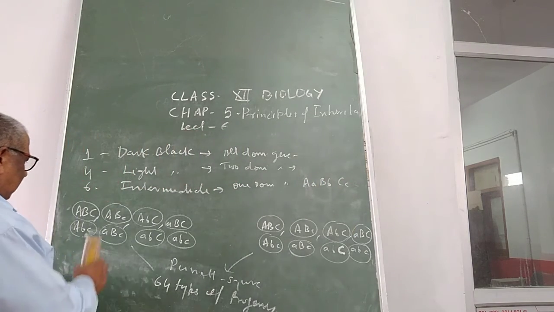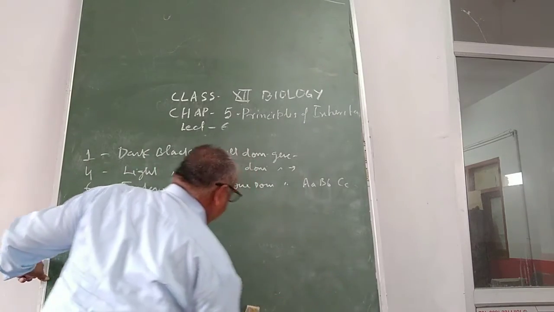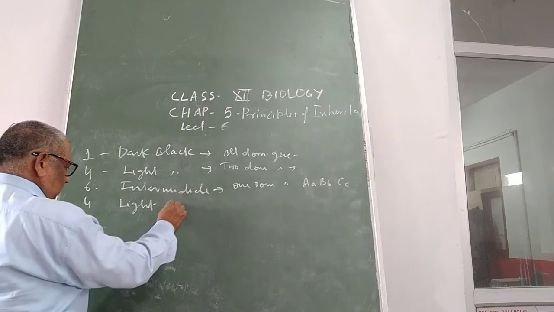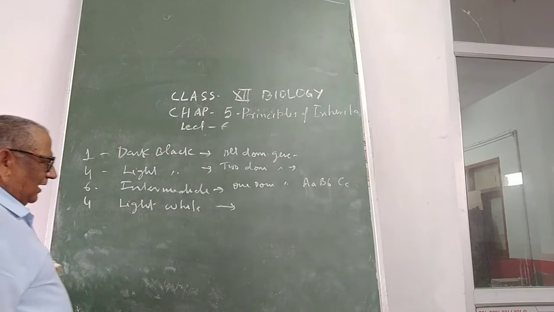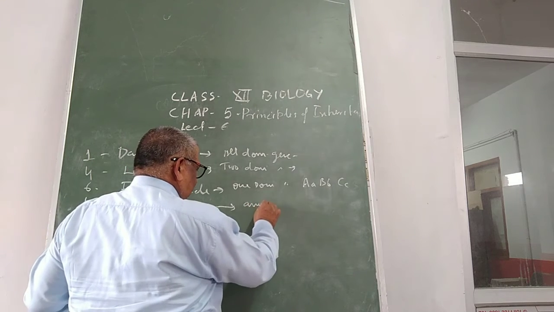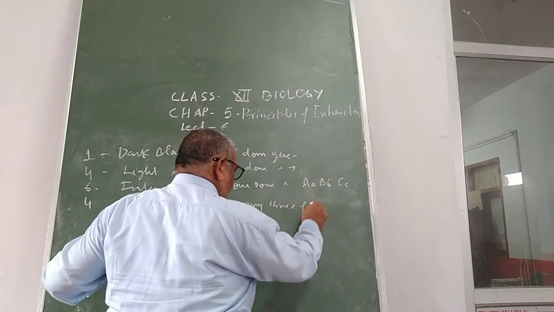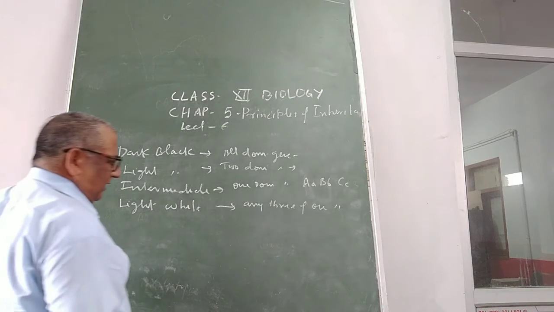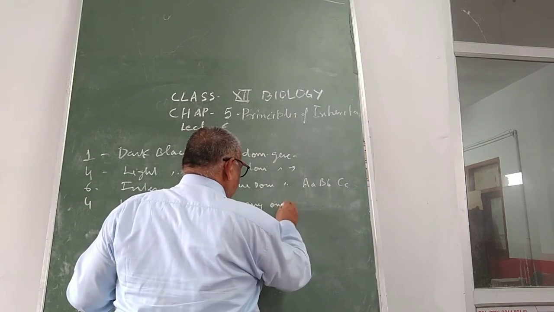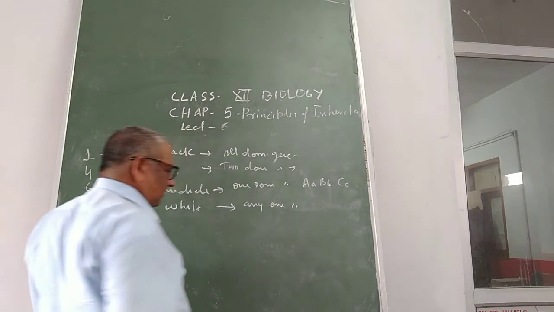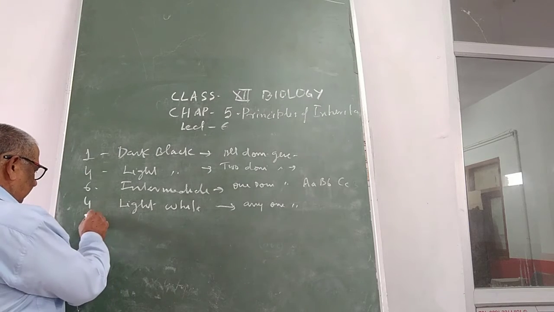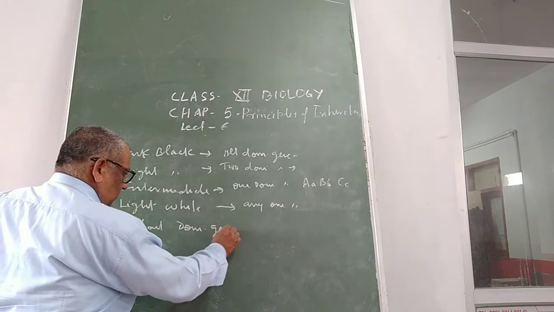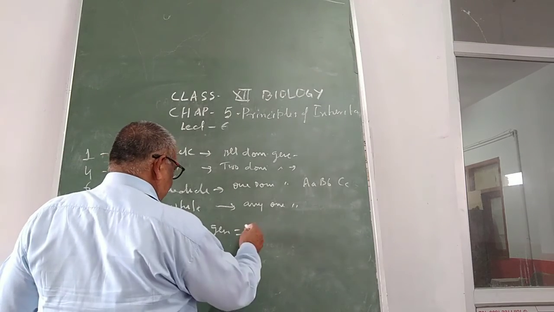This type of individual. Now we find again four individuals, like light white, and they have any one dominant gene, either A or B or C. And number one without any dominant gene, they are white.